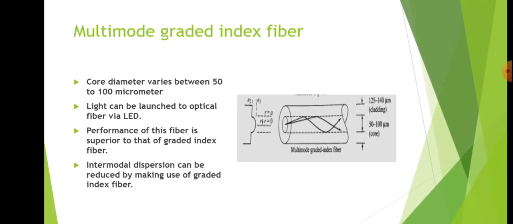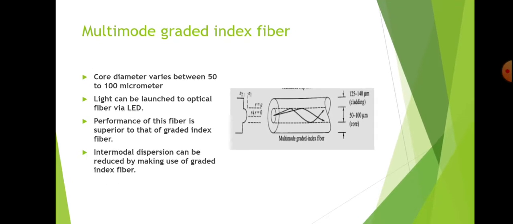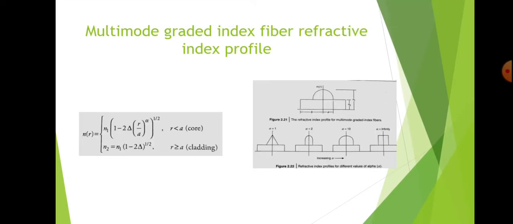And the next, we can write the equation for a multimode graded index fiber refractive index value, and we have already discussed in the previous class that it can be written as n of r. It is written as a function of r. What is r? r is the radius of the core. Okay, so when the radius of the core is changing, refractive index value will be changing.